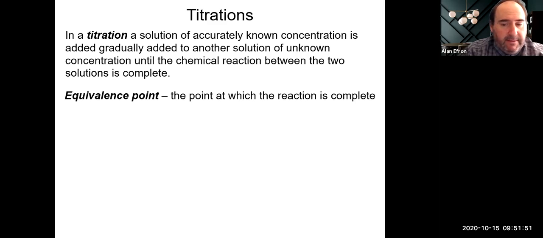And it's able to do that because a buffer contains a weak acid and the salt of its conjugate base, or a weak base and the salt of its conjugate acid. Ultimately, what a buffer has in it is an acid part and a base part. So when you add additional acid, the base part of the buffer will react with it.